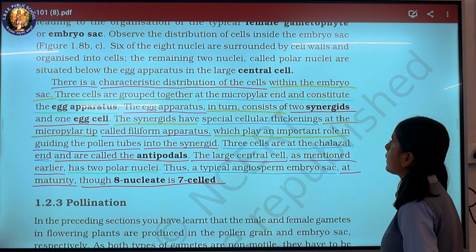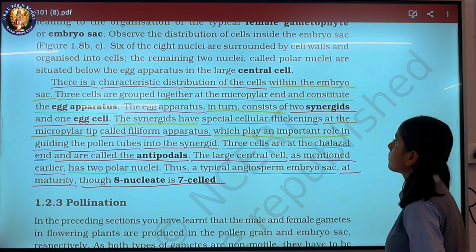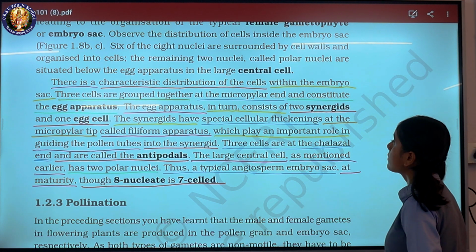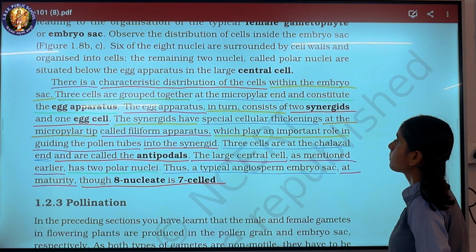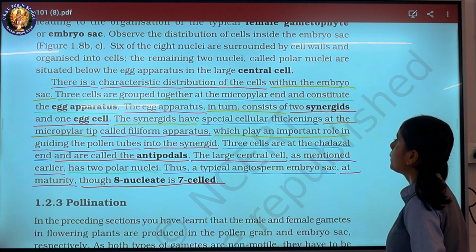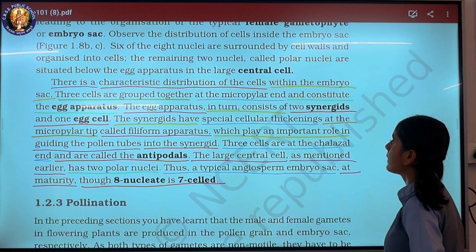There is a characteristic distribution of the cells within the embryo sac. 3 cells are grouped together at the micropylar end and constitute the egg apparatus. The egg apparatus in turn consists of 2 synergids and 1 egg cell.